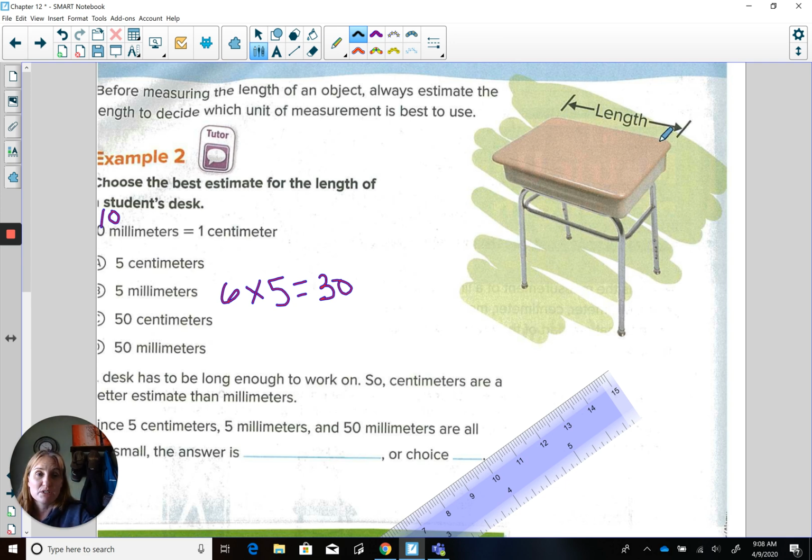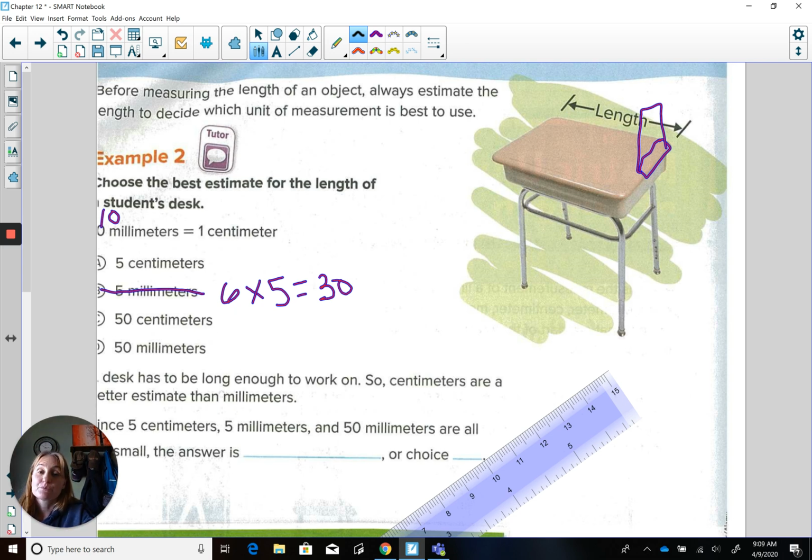I'm thinking if we did that, it would be way over the top of our desk. Would that give us a good measurement? Not so much, huh? That is no way. There we go. So I'm going to cross that one off.